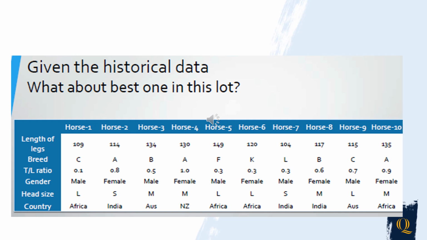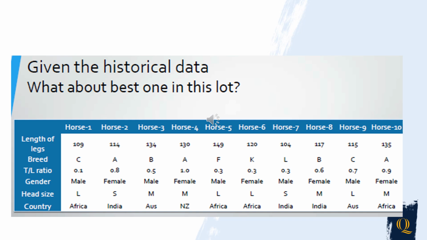Breeds like A have a winning percentage of 55%, and a favorable TL ratio is generally less than 0.5. Large heads and being from certain countries can also contribute to a higher success rate. So as we examine the data, which horse stands out as having the best odds of winning based on the attributes we discussed? Look for the factors that align most closely with historical trends.